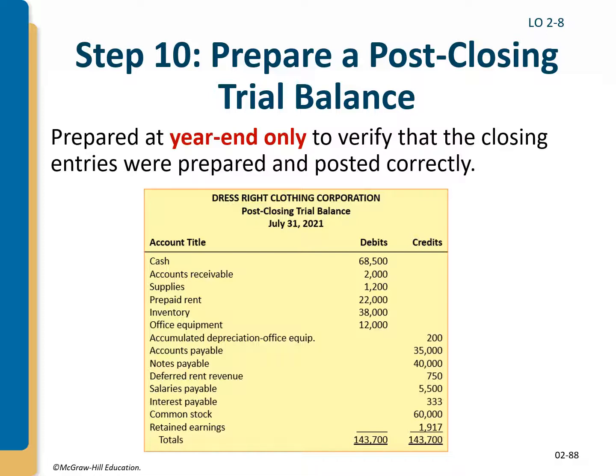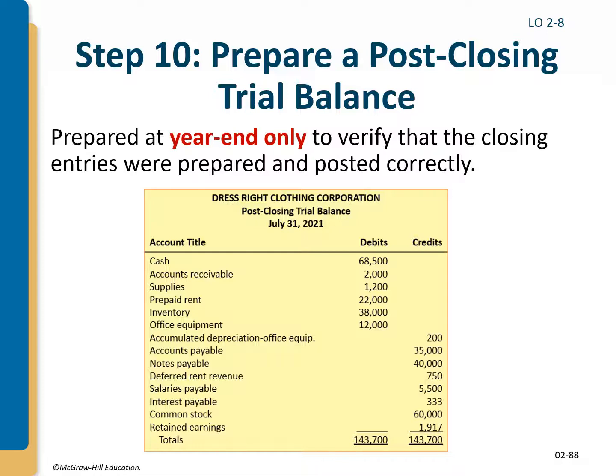Same with the liabilities. The only permanent account that will change during this process is retained earnings because we're updating it. The major purpose of doing this final post-closing trial balance is just to make sure that we closed all the accounts out that needed to be done, we posted all of them, and our debits equal credits at the end of the accounting period.